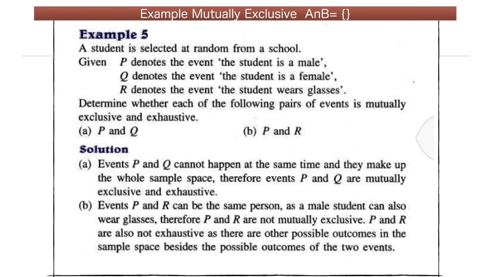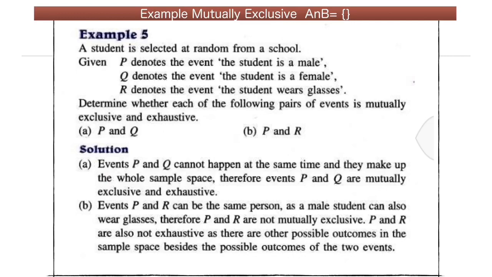So, for set P and set Q, they cannot happen at the same time, and they make up the whole sample space. Therefore, P and Q are mutually exclusive. So when they cannot happen at the same time, they are mutually exclusive, and when they also make up the whole sample space, it is called exhaustive.